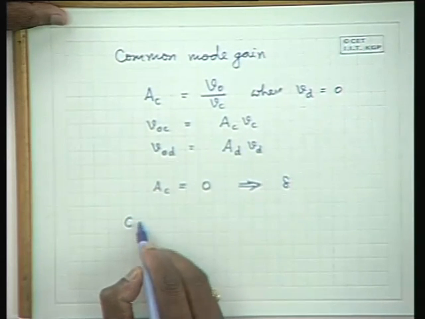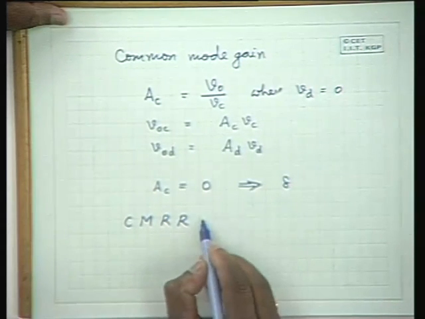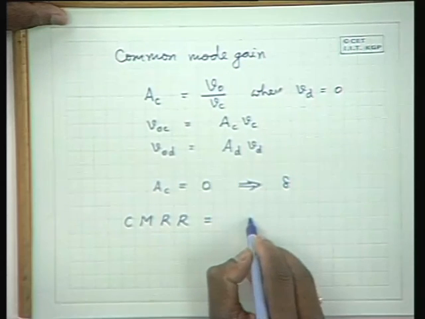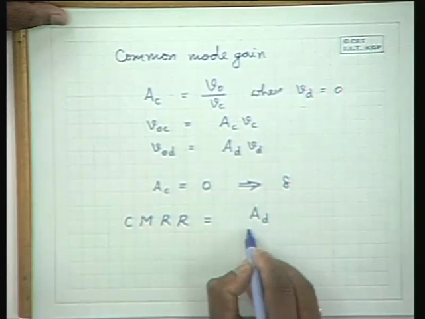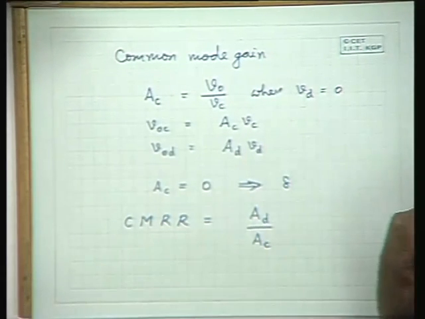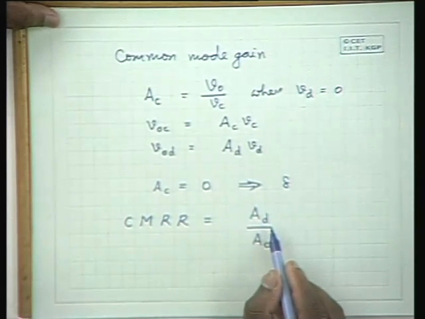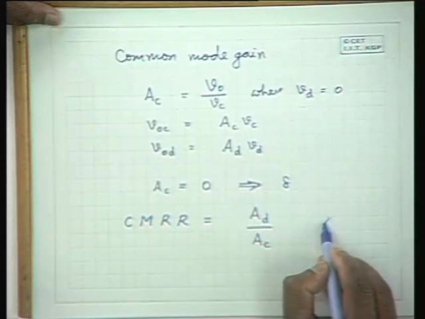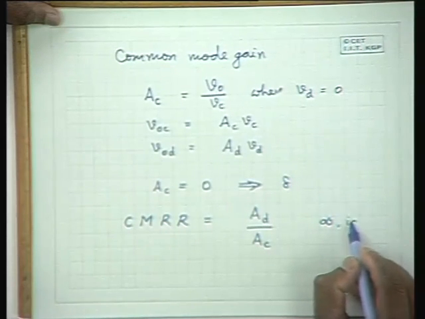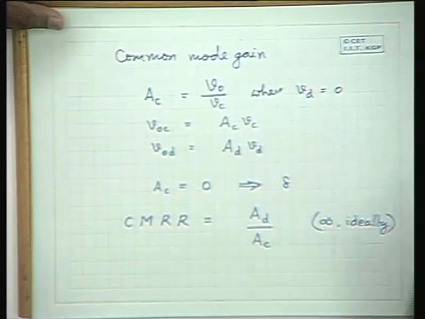That ratio is known as the common mode rejection ratio, CMRR, which is given by the differential gain divided by the common mode gain. Ideally, the common mode rejection ratio should be equal to infinity. In practical circuits, it is of the order of a few tens of thousands.